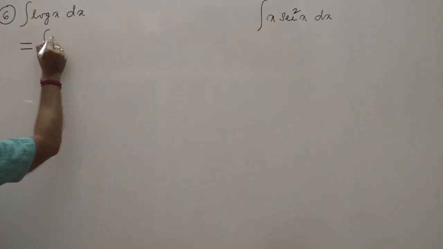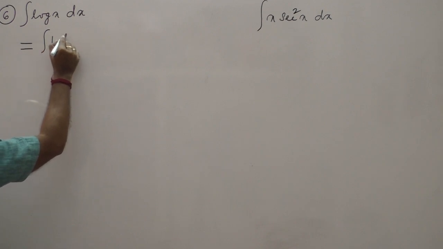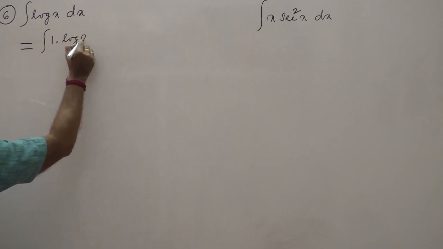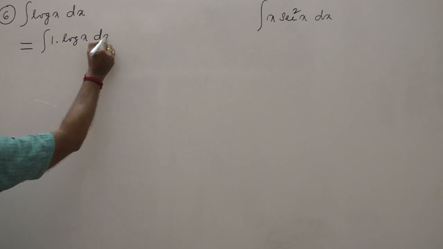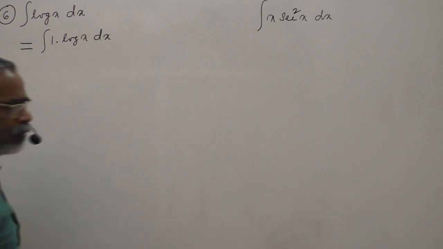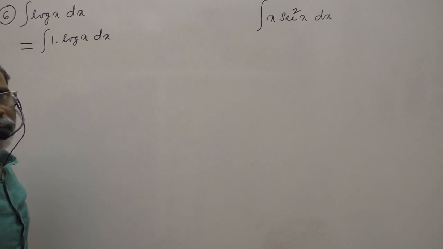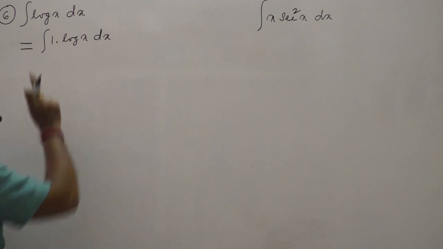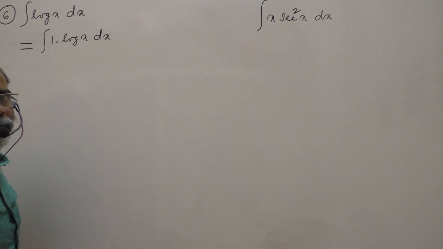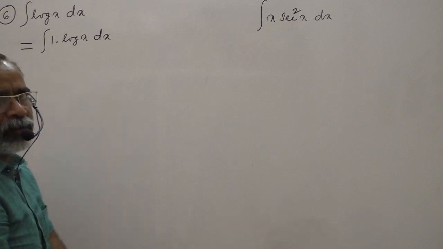I will suppose this as only log x is there, no? I will write this as 1 into log x. What is 1? 1 is algebraic function and log x is logarithmic function. Now I will apply integration by parts.